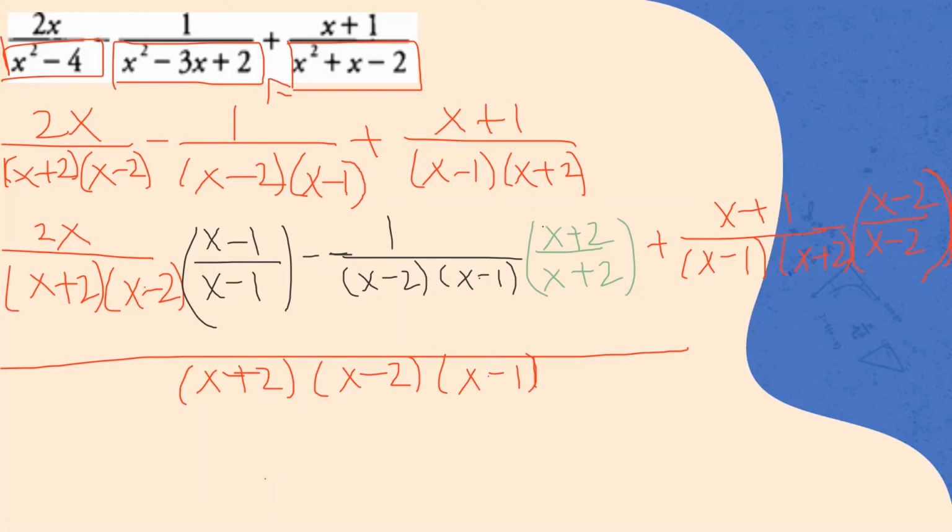And now you have to multiply across your numerators. So this one right there, and then we have this one in here. Last but not least, we have that one in there. So we multiply them across.